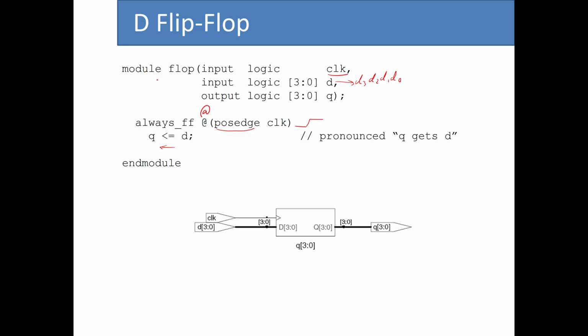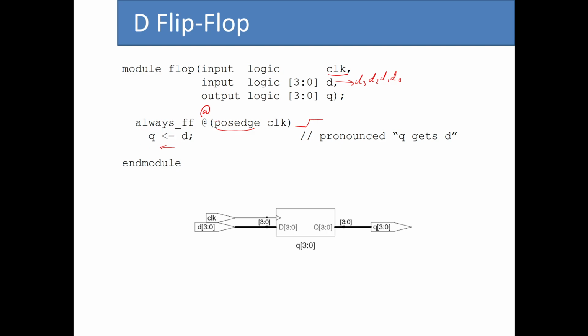As you can see, the implementation of a D flip-flop is very straightforward. We are basically describing the functionality of the D flip-flop. We knew that on the rising edge of the clock, whatever we had in D should be stored in the flip-flop, and that's exactly what we have here.